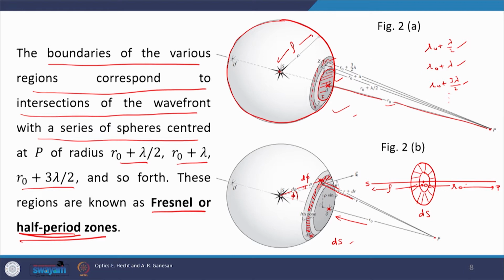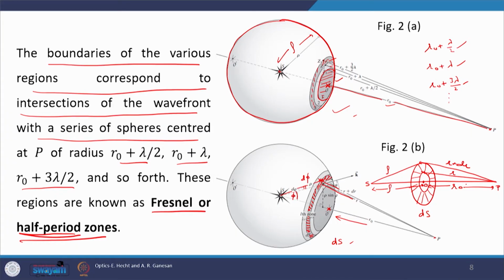Now, say this distance is r, and from the upper portion of this annular region it is r plus dr. And this is rho, because all of this annular region is on the surface of the sphere. Therefore, all points of the annular region would be at distance rho from the source, because the source is the center of the sphere.